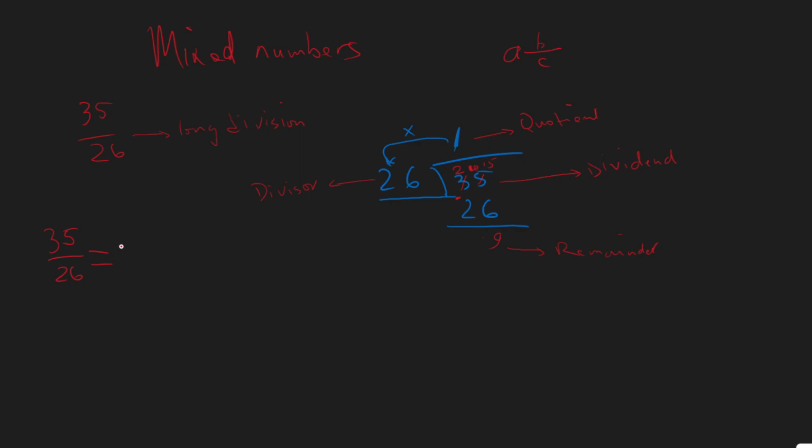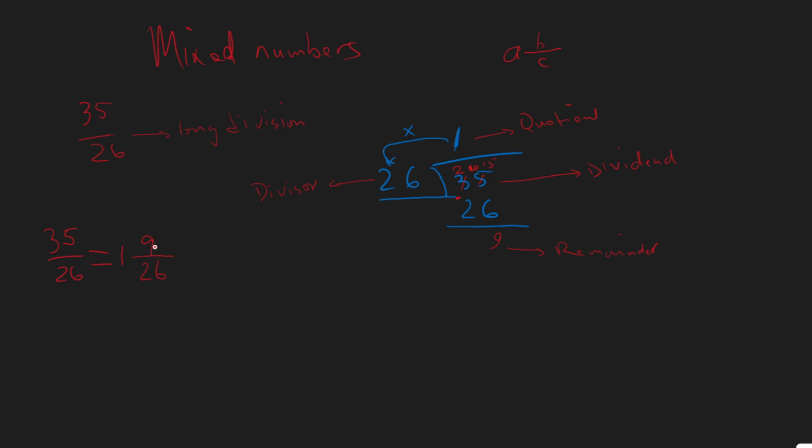That's 1, and now you take the remainder you have here. This is 1 and 9 over 26. So 26 is your divisor, and this is 9 over 26.